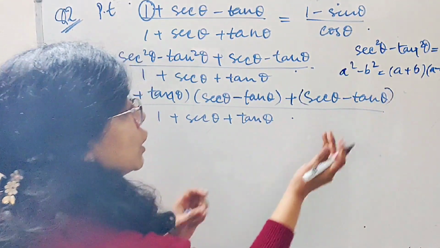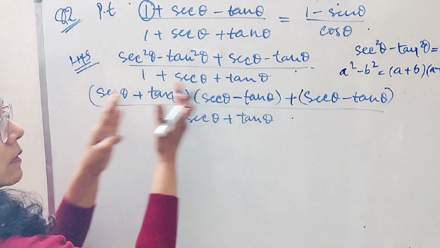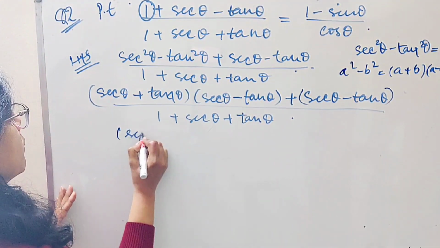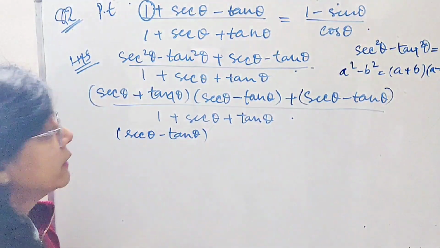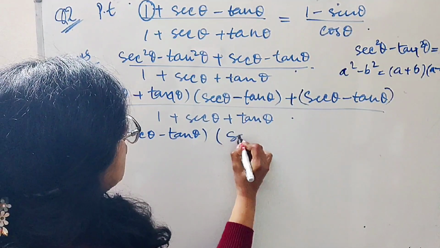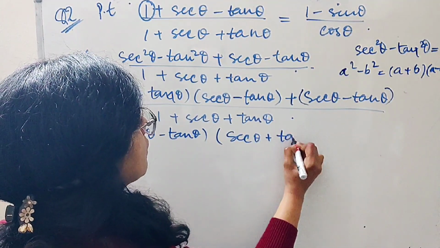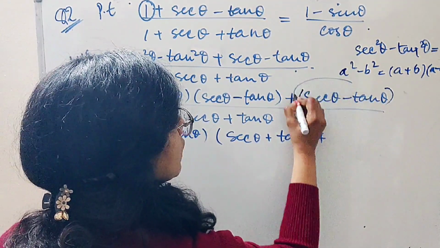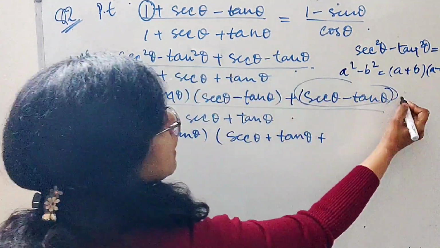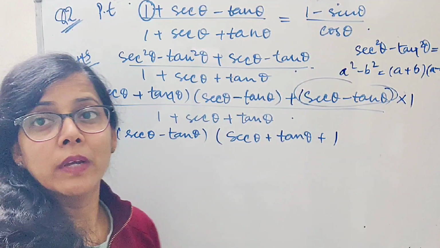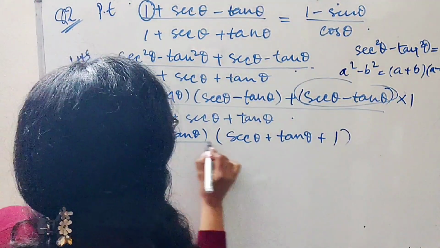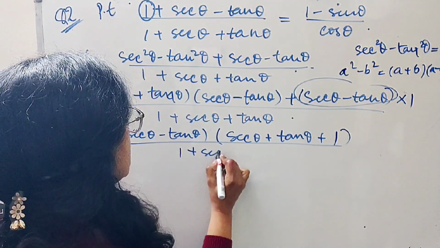So we can take this as a common factor and bring it out. What is left with us is sec theta plus tan theta here, and here, because we have taken this out, 1 is left. If nothing is left, we write 1, upon 1 plus sec theta plus tan theta.